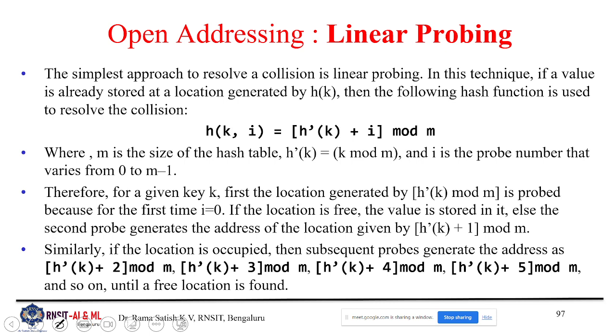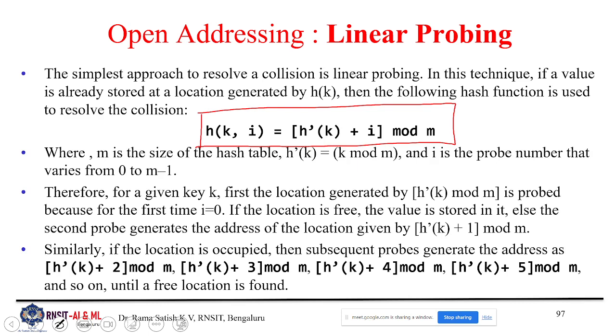Linear probing, this is the formula for normal calculation. If there is a collision, linear probing is the simplest approach to resolve it. In this technique, if the value is already stored in the location generated by the hash function h(k), then the following function is used for linear probing.